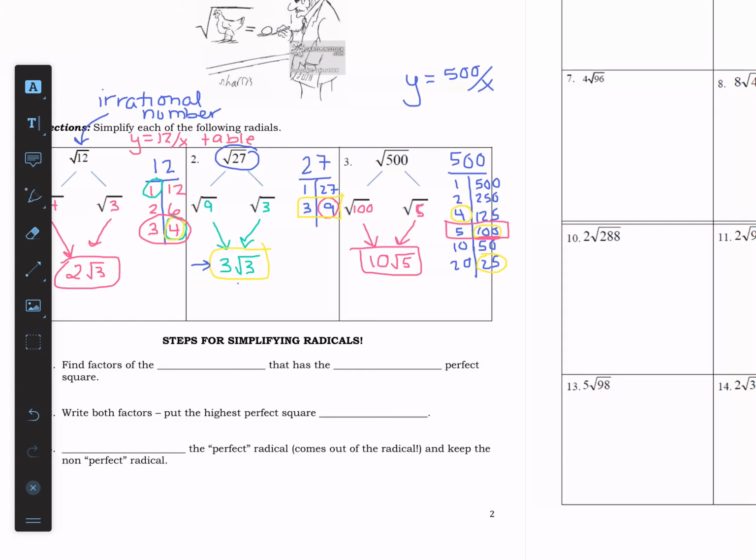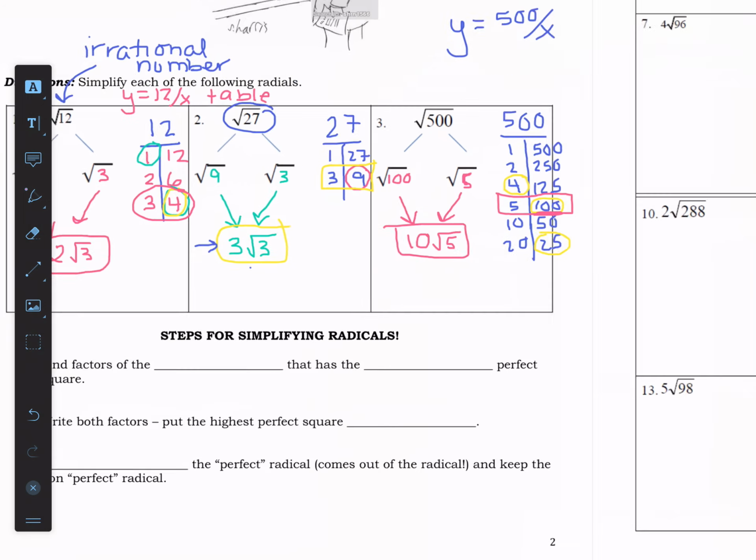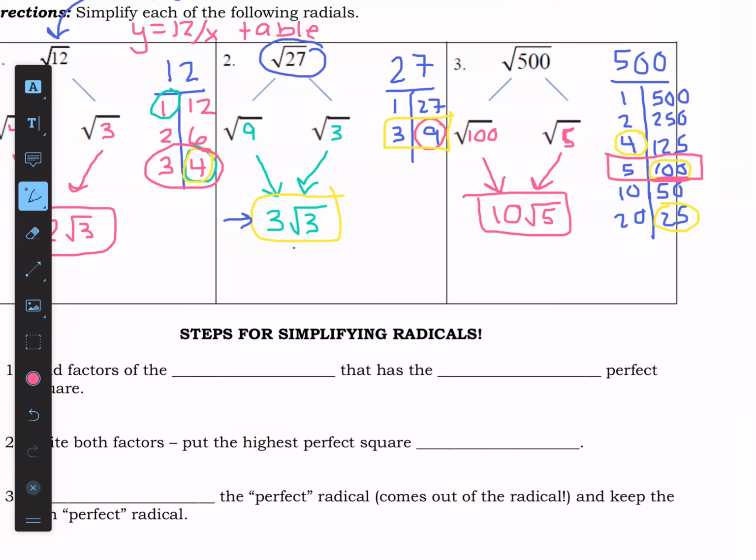You want to find the factors of the radicand that has the largest perfect square. Okay, that's your first step. So that was the part where we listed the table and we picked the highest perfect square.